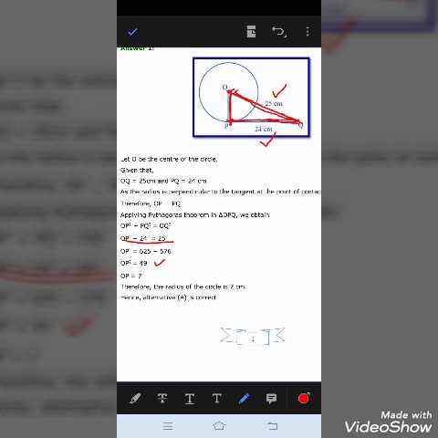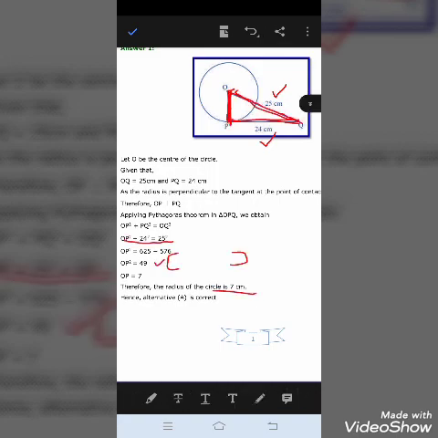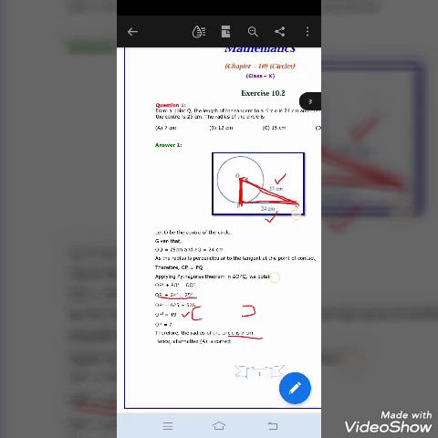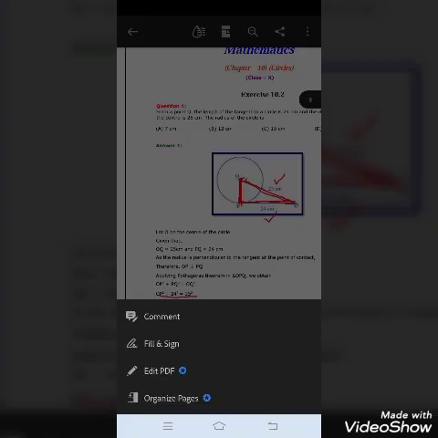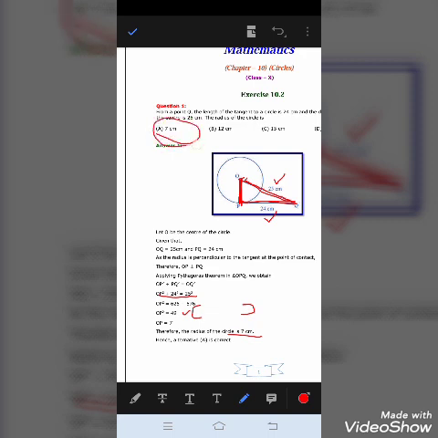By taking the square root from both sides, you will get OP is equal to 7. So we have concluded that OP is equal to 7. Therefore the radius of the circle is 7, which is the very first option.